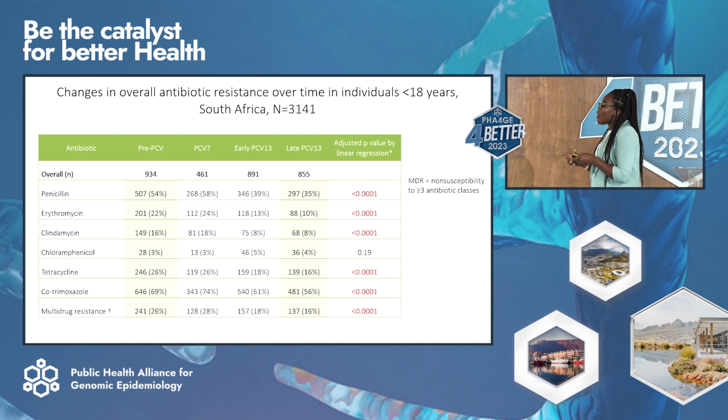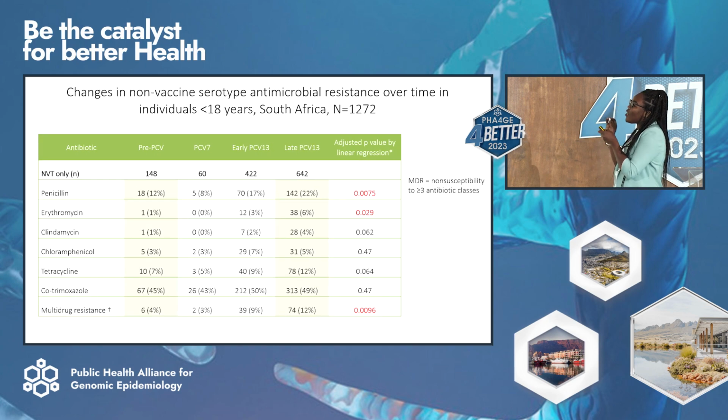So we saw a large reduction in antimicrobial resistance when you look at the overall collection of our samples. So you can see there were reductions for penicillin, erythromycin, clindamycin, tetracycline, cotrimoxazole, multi-drug resistance as well. But when we actually looked at just the non-vaccine serotypes, there were actually some increases in the proportion, or rather the incidence of non-vaccine serotype AMR.